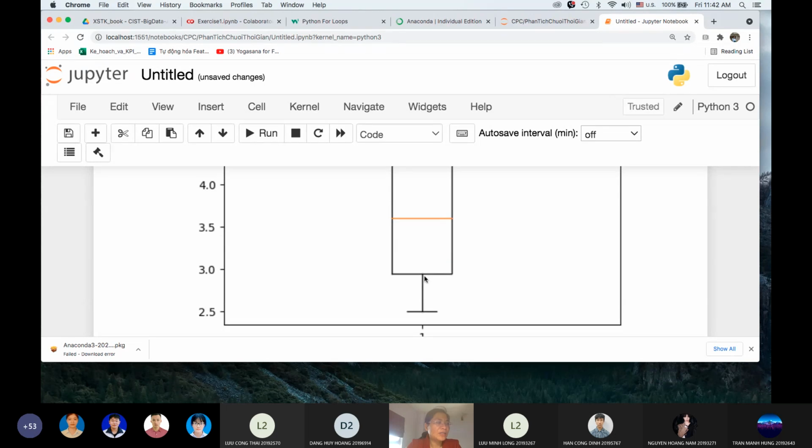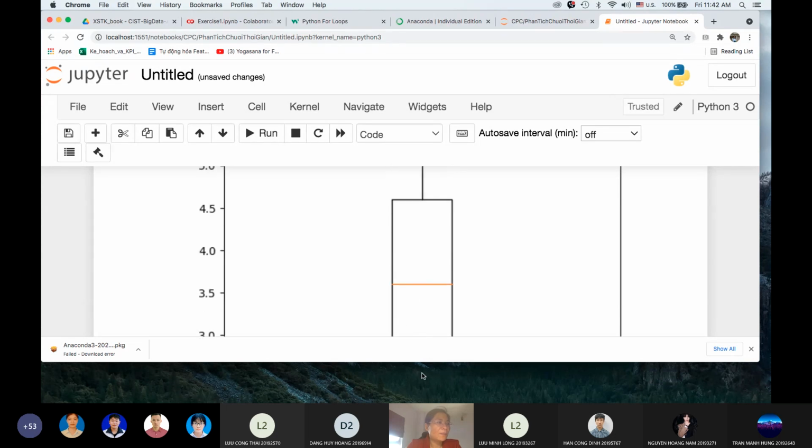From the minimum to here is 25%, and from the minimum to Q3 is 75%. So from Q1 to Q3, it covers 50%. So this box shows the values of about 50% of all the data.